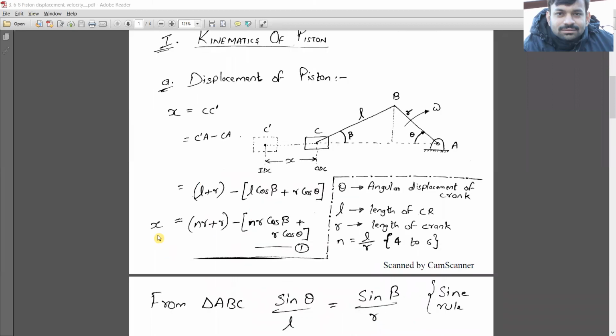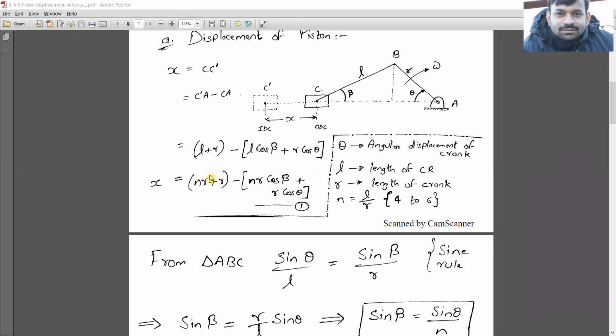Now the next step would be to eliminate this angle beta. Again we'll be using the sine law in triangle ABC. For triangle ABC, we can write sine theta upon L. L and its opposite angle is theta. So sine theta upon L, or you can write the reciprocal also, but write the equivalent value over here.